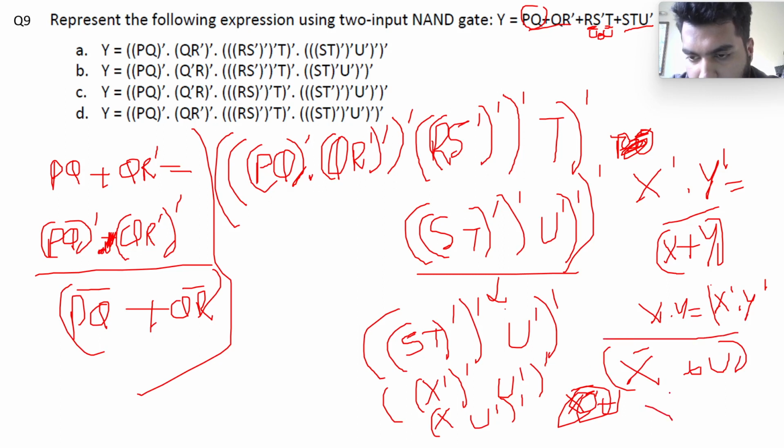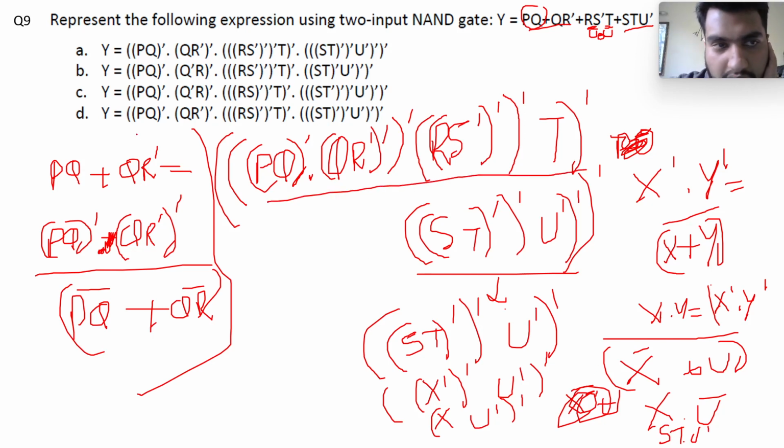So finally you get X dot U complement, and if you put S back again to ST, you get ST dot U complement. That is what we have done. And if you carefully look at this thing, this is option A.